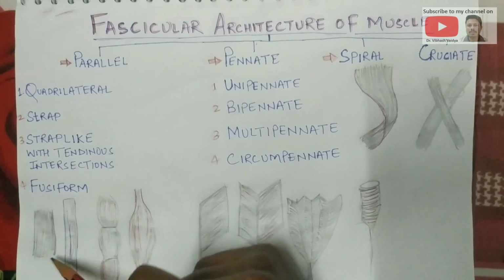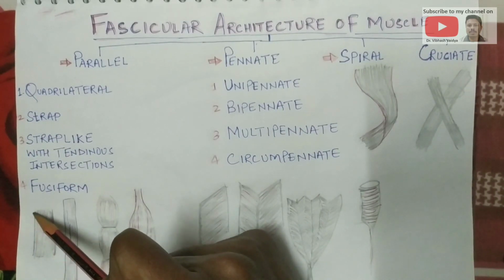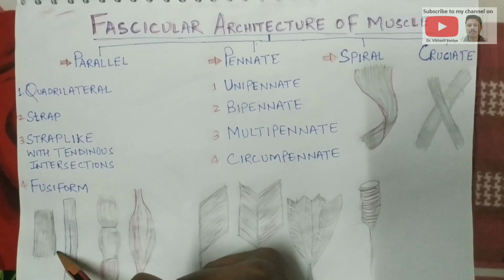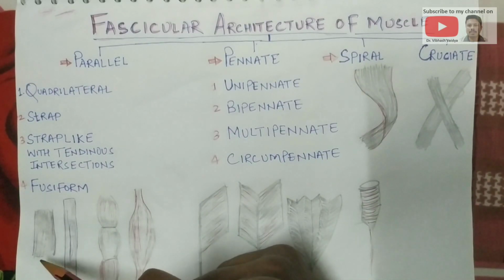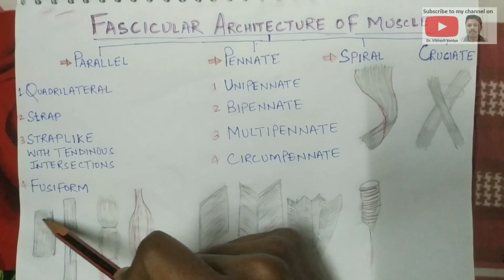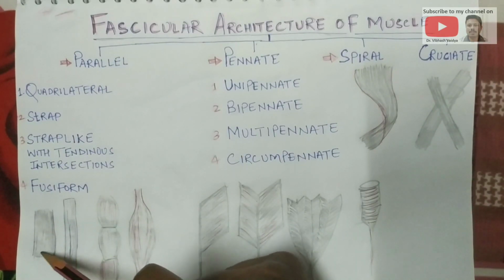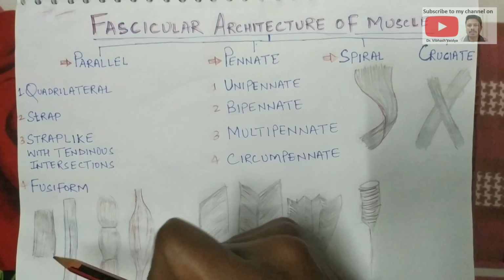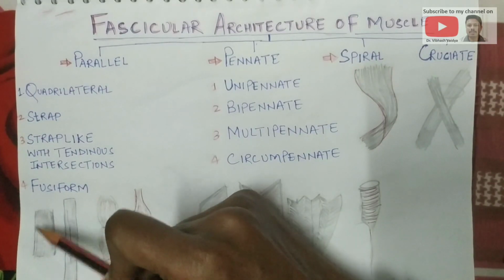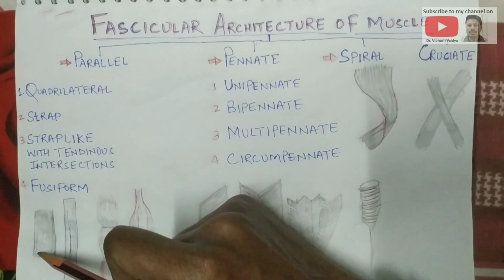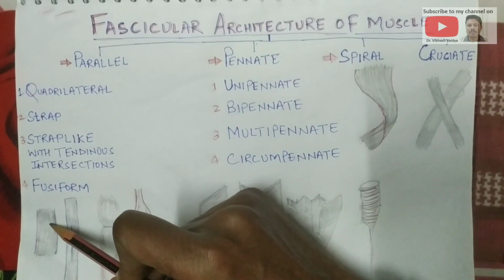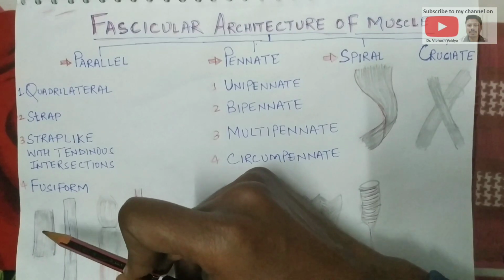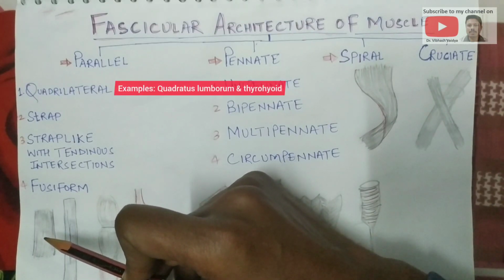This is a diagram of the quadrilateral muscle, and you can see the width and length are more or less the same, and the fibers are parallel to each other toward the line of force. Examples of quadrilateral muscles are quadratus lumborum and thyrohyoid.